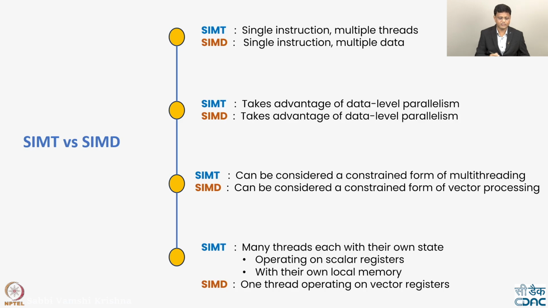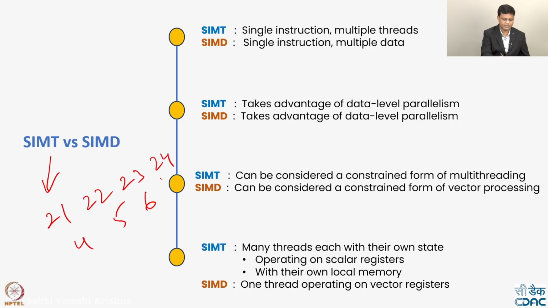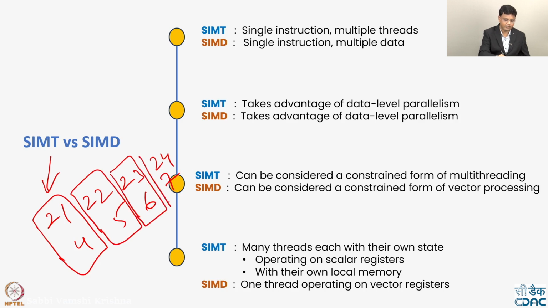You can consider it like this: when I am talking about single instruction multiple thread, suppose you have an array of 4 elements, 21, 22, 23 and 24, and you have to add 4, 5, 6 and 7. So, there are 4 threads: this is one thread, this is a second thread, this is a third thread and this is a fourth thread.